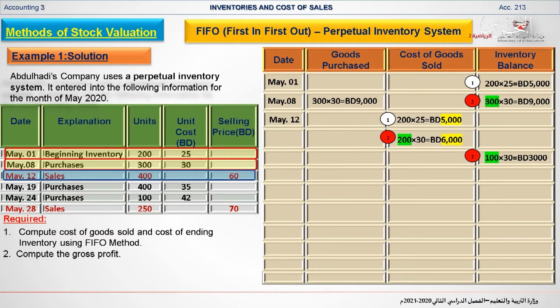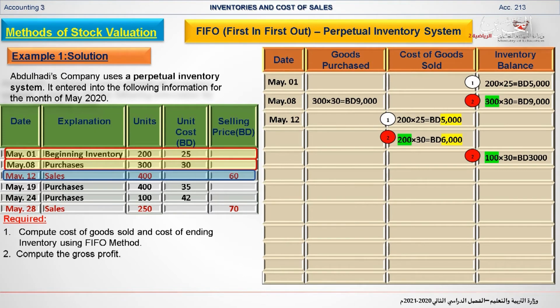We will continue calculating the cost of inventory and cost of goods sold for the remaining transactions, and step by step, we will continuously or perpetually update the balance of inventory cost and cost of goods sold.